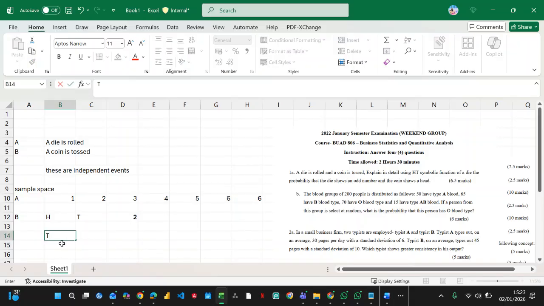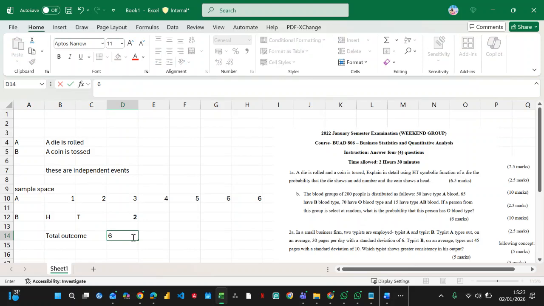So we multiply A and B together so that it gives us the possible outcomes.